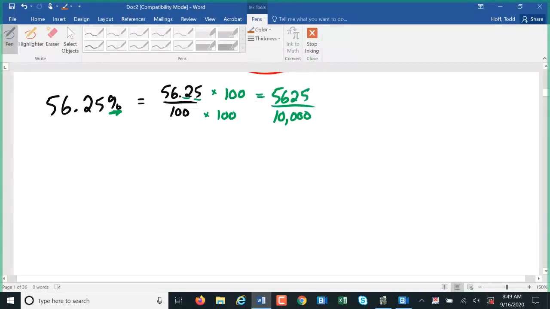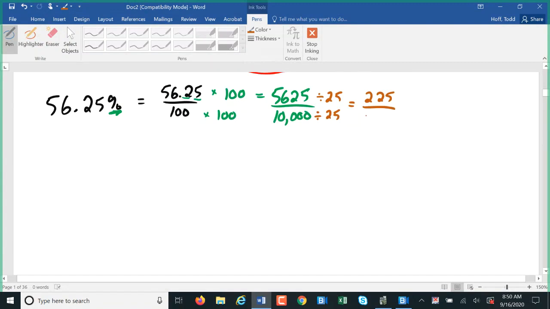Now we do have a little bit of a chore to reduce this. Both 5,625 and 10,000 can divide by 5, but I'm going to save a few steps by dividing by 25 right away. 5,625 divided by 25, I believe that's 225.